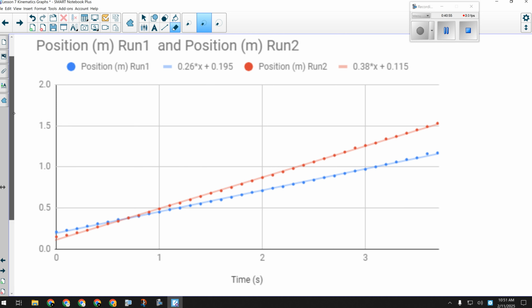On this graph here, again, it's a position versus time graph. For whatever reason, there's no label here, and there should be: position in meters. Which object's going faster, red or blue? Red. Why? Steeper line. And on this graph, is the slope the velocity of the object?